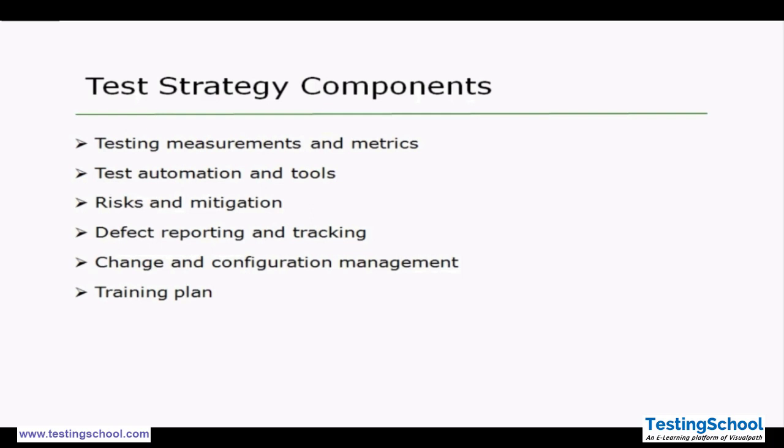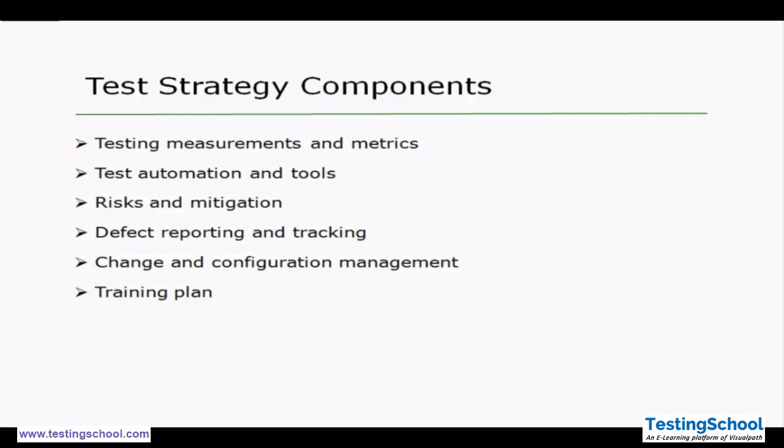Let's say we are good in automation testing, so what testing tool our employees know better, let's say Selenium, SOAP UI, or for performance testing we do LoadRunner, JMeter, QTP tool. So what tool we have expertise in, like how we do our automation, is mentioned in the test strategy document of the company.